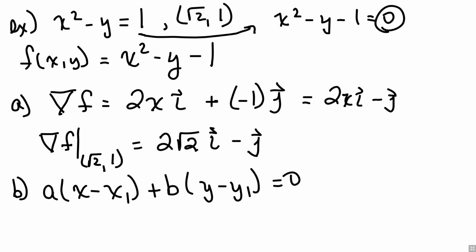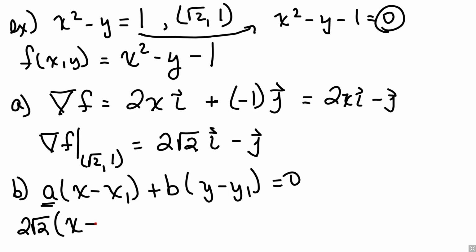Now, in order to find the slope for a tangent line, we need the first derivative. Well, considering that we are working with a gradient, we have the derivative. So a is going to be associated with the i component. So in place of a, I'm going to put in 2 times the square root of 2.